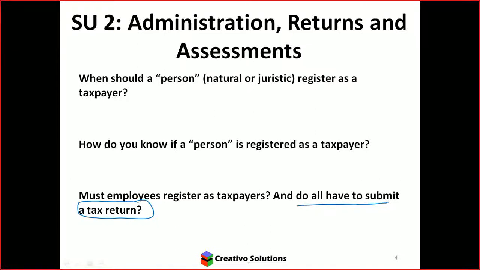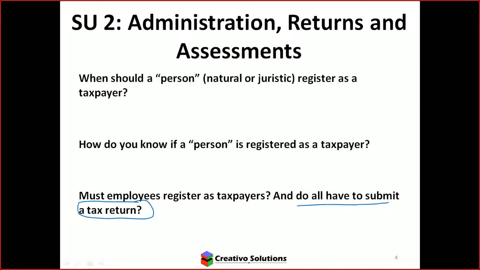There are instances where if you are only employed by one company, and you're not deriving any other benefits in the form of rent income, or dividends or interest or any of those other income line items that could arise in your taxable income calculation, you would not have to register as a taxpayer.